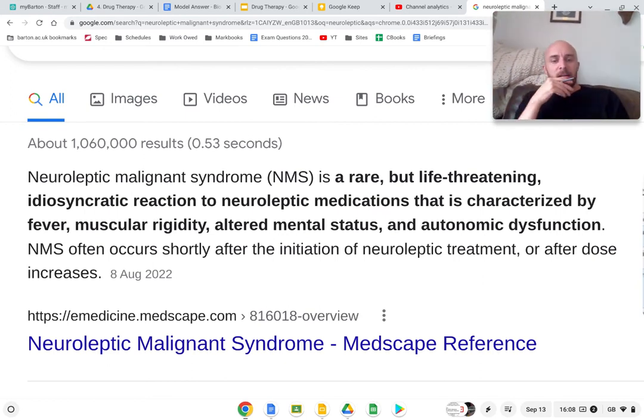So it's a rare but life-threatening idiosyncratic reaction to neuroleptic medications characterized by really bad fever, muscular rigidity, altered mental status, which is what you're taking the drugs for in the first place, by the way, because you have an altered mental status, and autonomic dysfunction, i.e. central nervous function dysfunction.